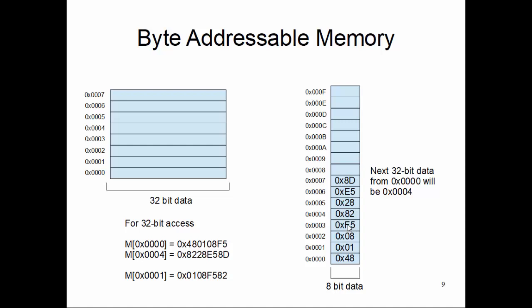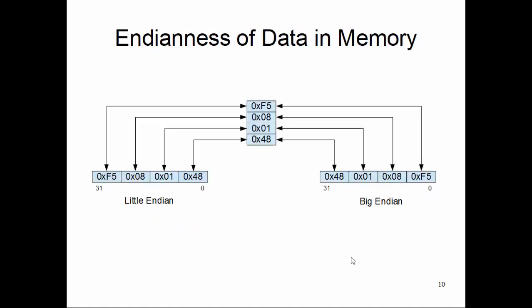The other way is exactly the reverse: with increasing address, I place the least significant byte at the lower address and the most significant byte at a higher address. That's also a possible solution, and it is not wrong. We can arrange it that way.